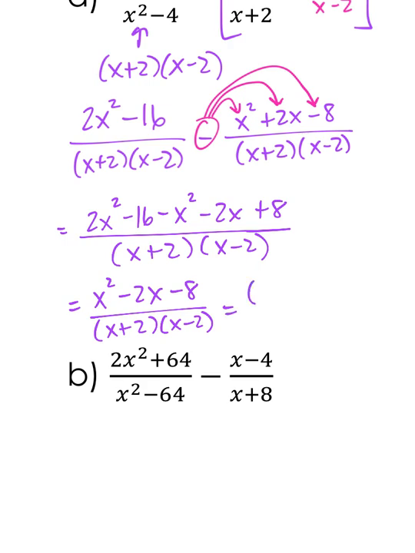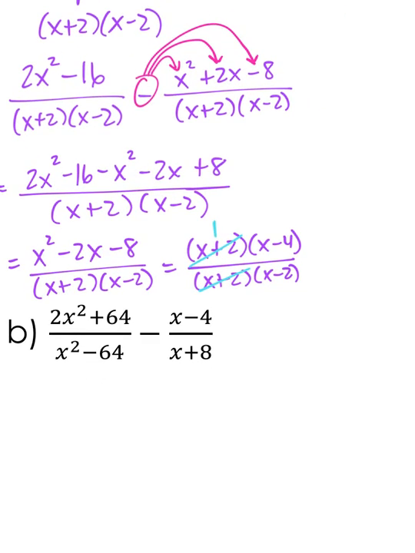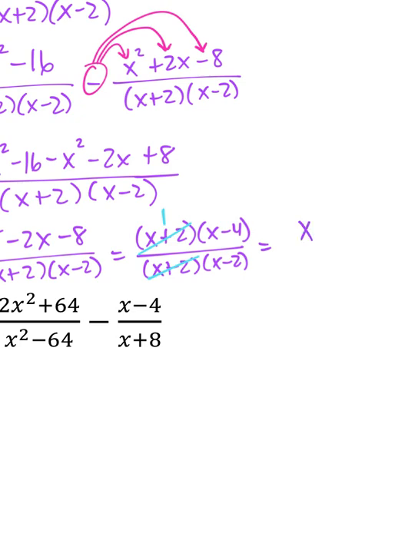This becomes x plus 2 and x minus 4. And now we have a common factor on top and bottom of x plus 2. So that becomes a factor of 1, leaving me with a simplified answer of x minus 4 over x minus 2.